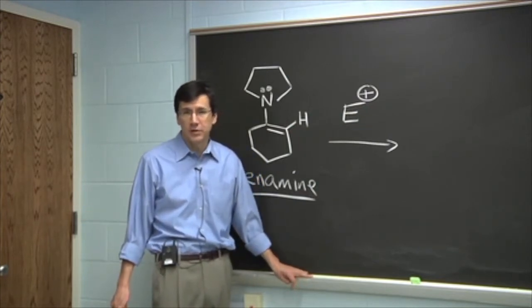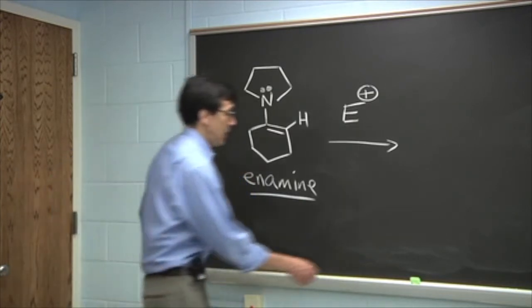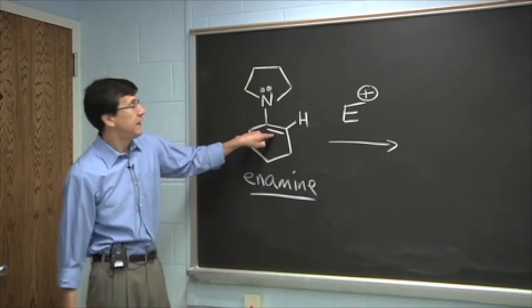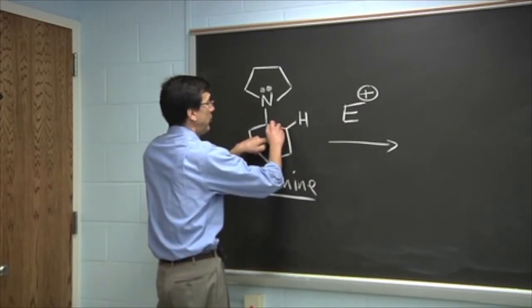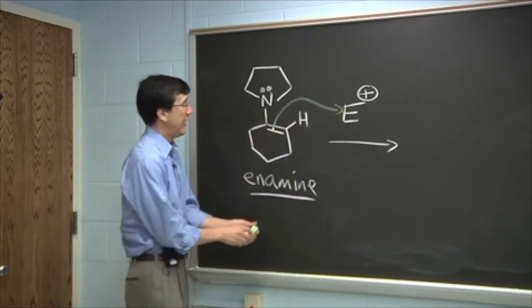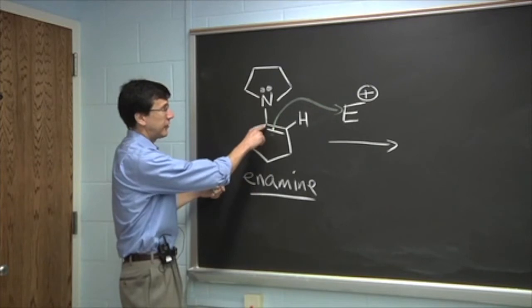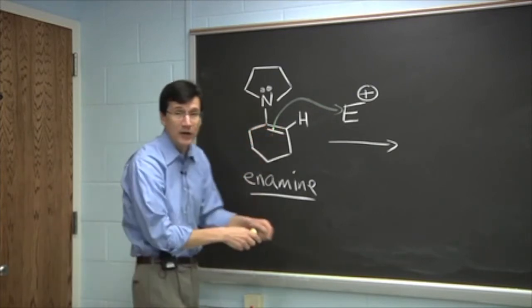So what would you predict would happen here? Nucleophilic double bond, electrophile. The arrow pushing would come from here to there. And so now we need to make a decision. Does the electrophile get attached here, or does the electrophile get attached there?